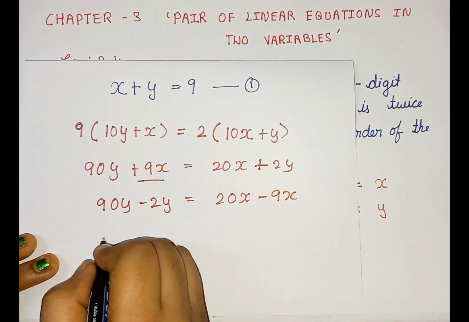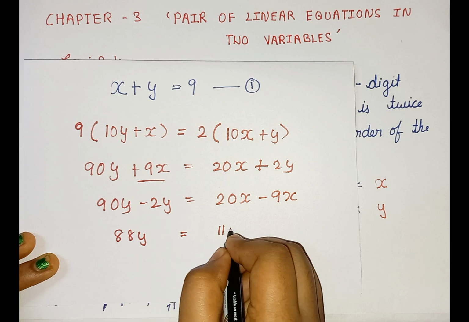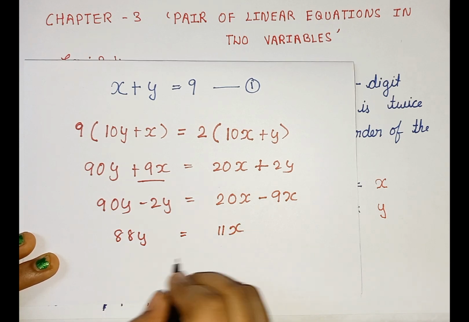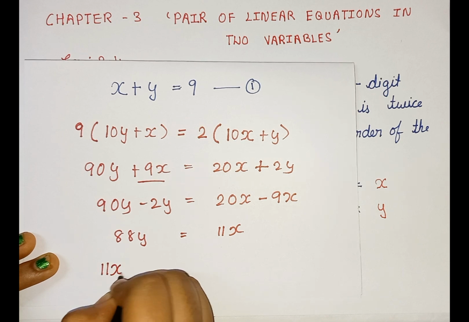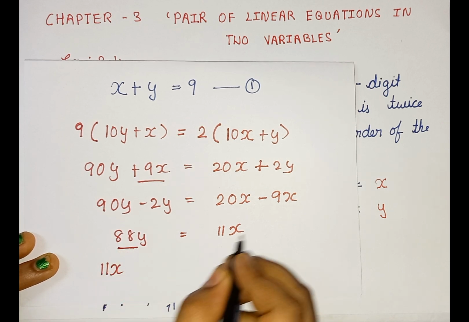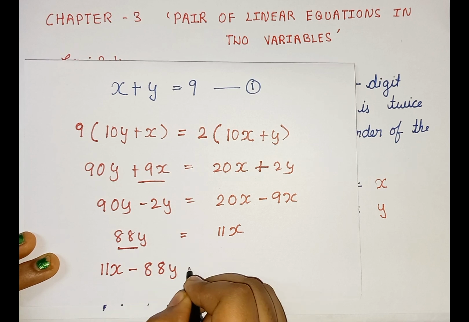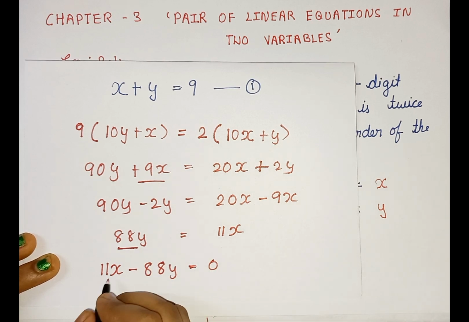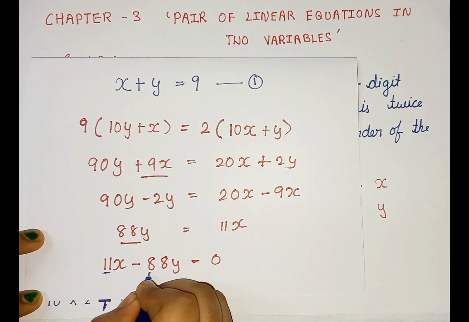When I solve it, I get 88y, and here I get 11x. Then we can write 11x. When I get this 88y to this side, it changes into minus 88y, and then we can write is equal to 0.